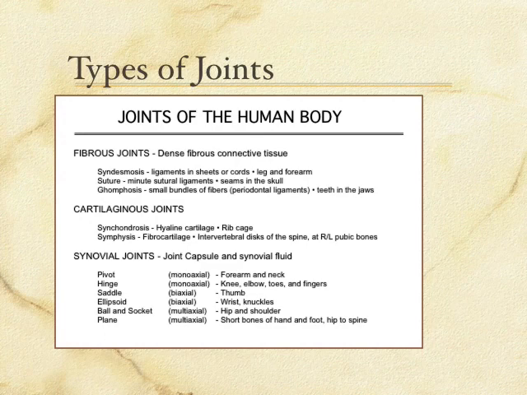Here, I've got to hold two bones tightly together and yet give them the freedom of movement. That's a much, much trickier thing. And typically, it involves a joint capsule, a pocket type structure, and some fluid to lubricate that.